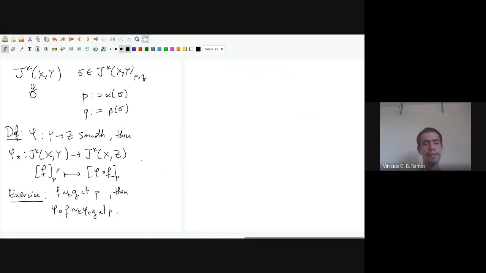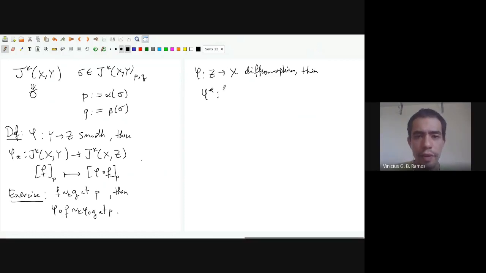Similarly, if you have a map on the first entry of jets, you can get a pullback. But it's still a little more subtle, because you can't just do that for any smooth map. You need to have a diffeomorphism. You need this function to be invertible because of the following.